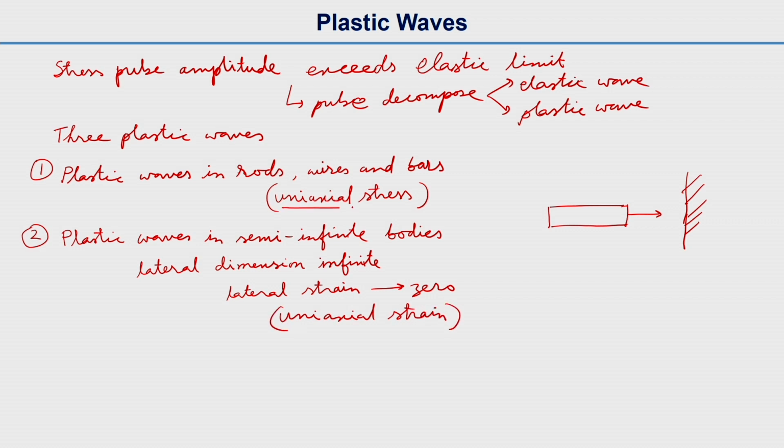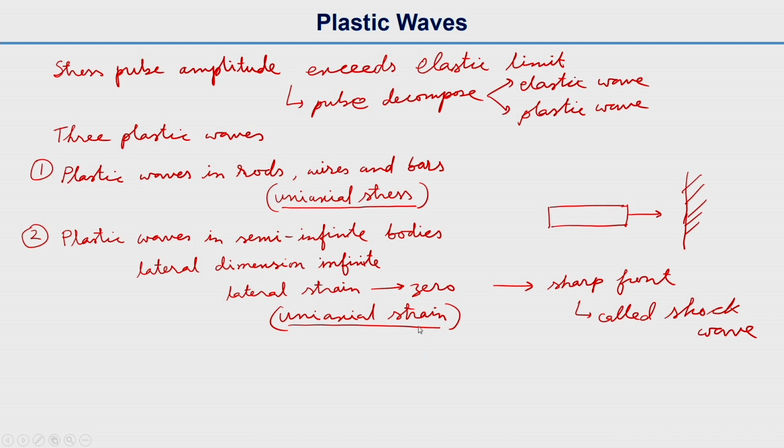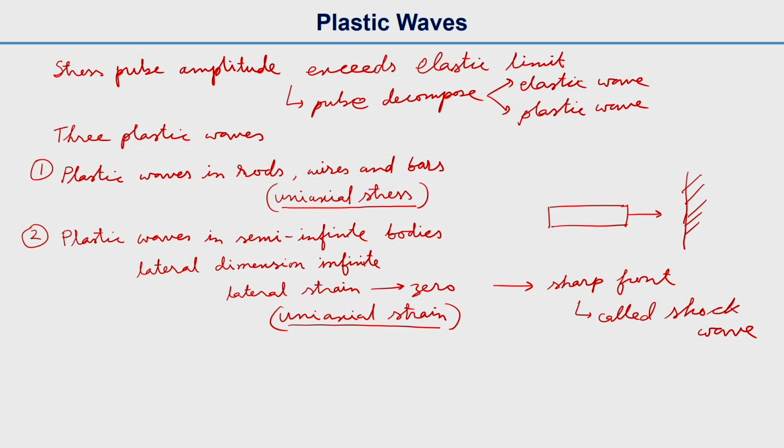The earlier case was uniaxial stress and here it is uniaxial strain, and this will lead to a very sharp wave front, and that is called a shock wave. So when it is a uniaxial strain condition, the wave front will be very sharp, and that is called a shock wave.